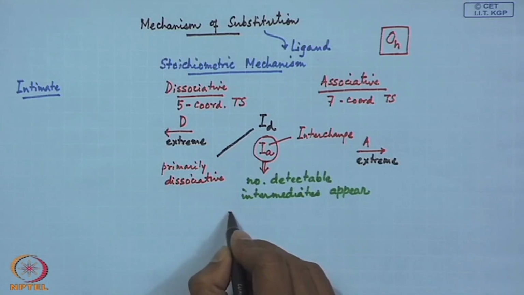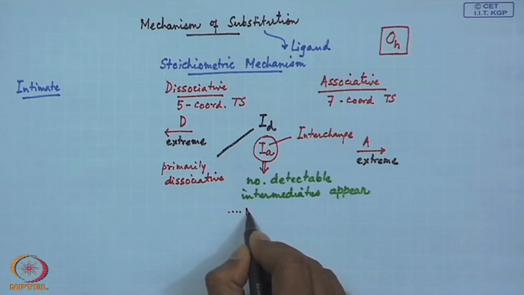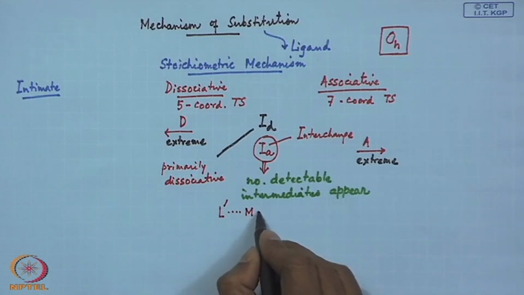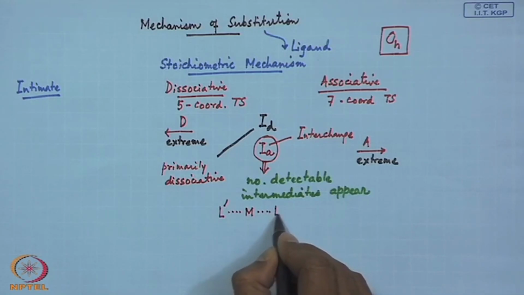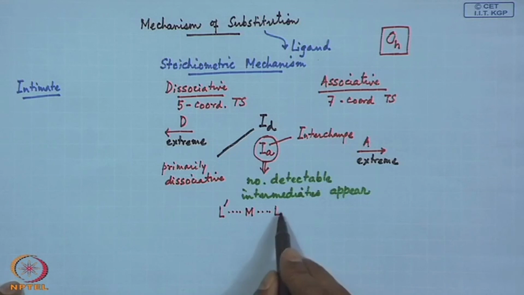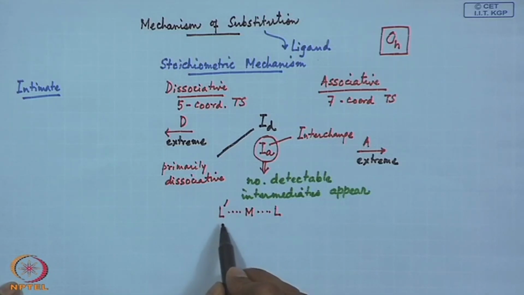So, one bond is forming weakly to the metal when L prime is coming, and the other bond which is already present is weakened appreciably. So, this ligand metal bond will be weakened appreciably compared to that particular bond which is forming in a newer way.